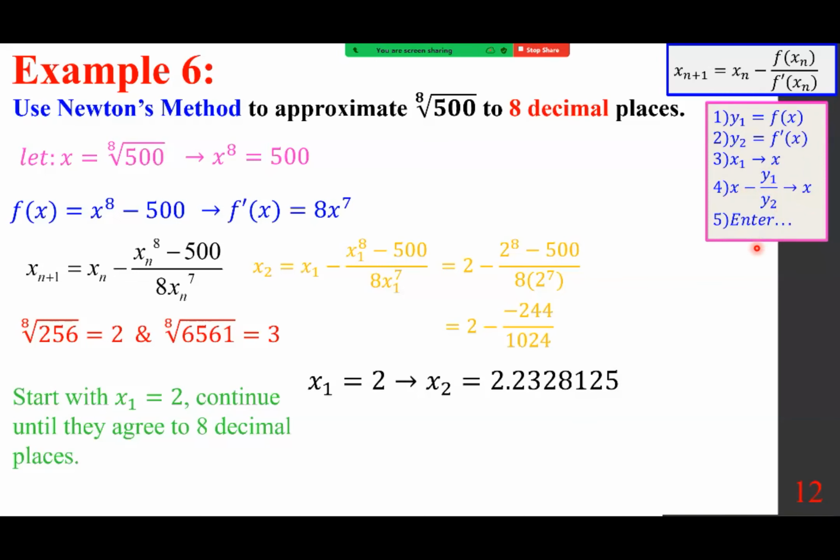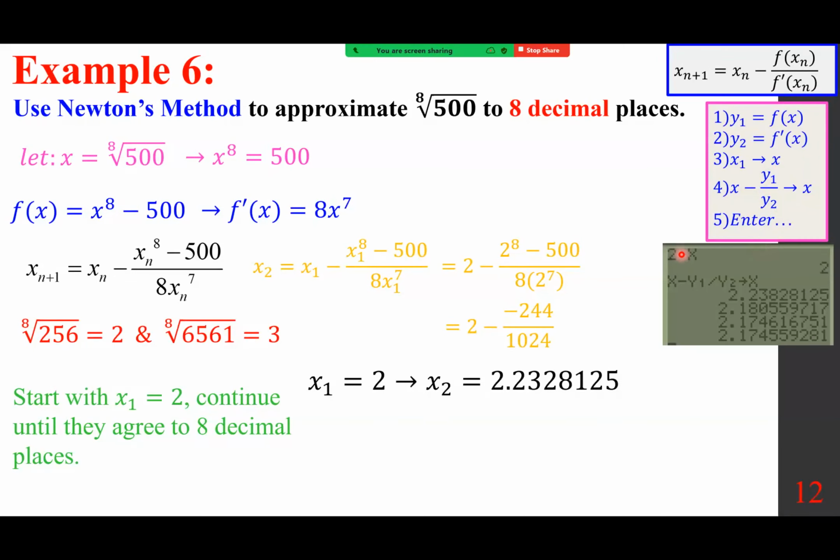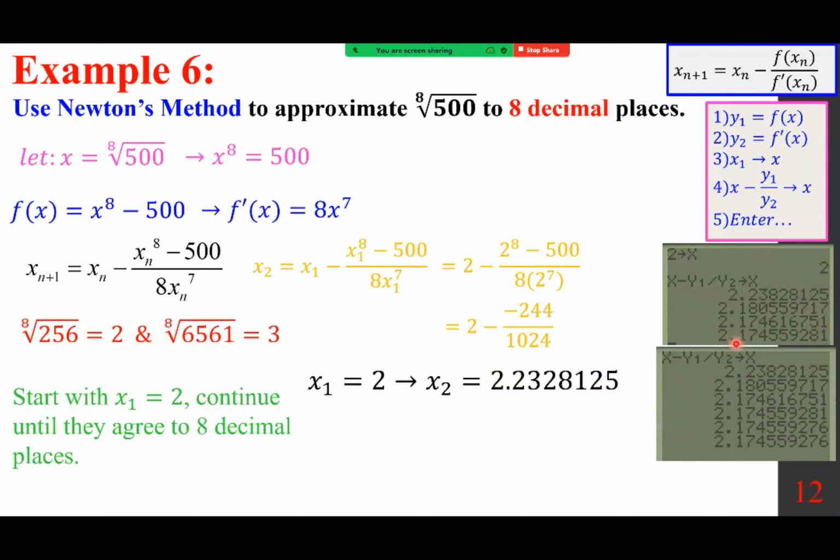And so notice what we are going to do. We're going to put 2 into x, and then x minus y1 over y2 in x. And what are those numbers? If you enter it once, you get this number. If you enter again and again, it keeps on going. So where do you stop? They said we want 8 decimals, right?